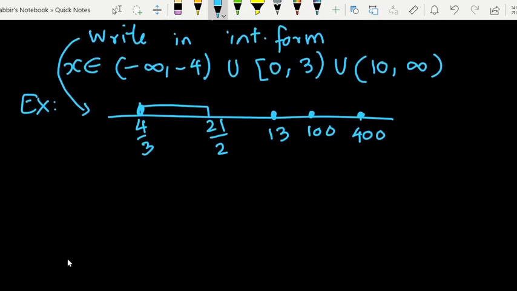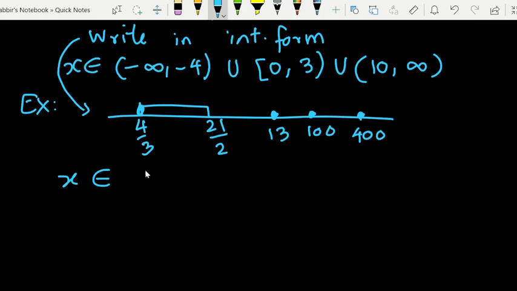Now as you can see here, this is a unique example in which, so far, we have seen a continuous, infinite set of inequalities from point A to point B, or from A to infinity, or from minus infinity to B. But here, this question has discrete points to include in the solution set. So how can we do that?